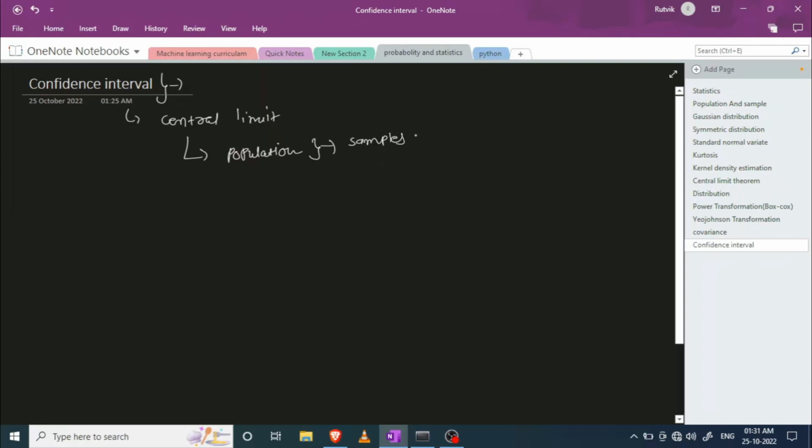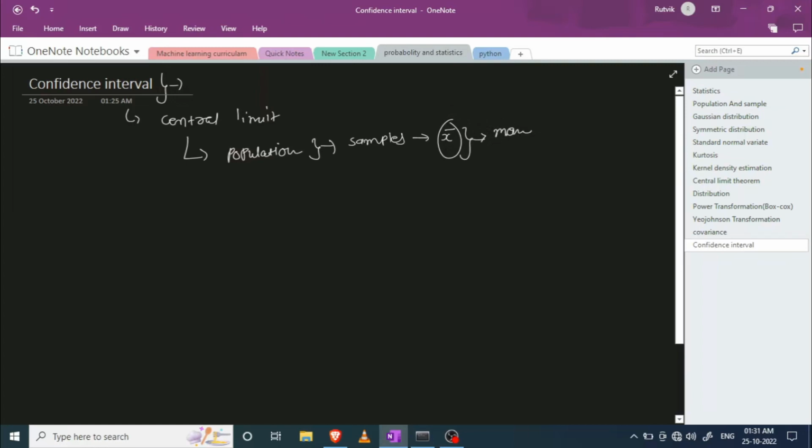After getting the data from the samples, we calculate the mean of each, and then we calculate the mean of these mean values. This is all about the central limit theorem.